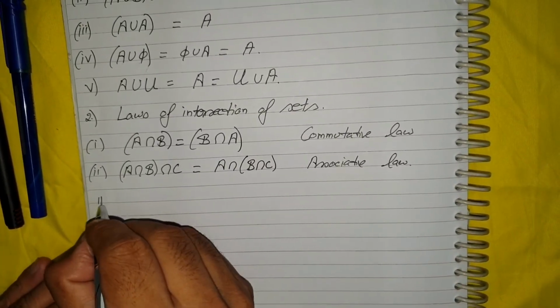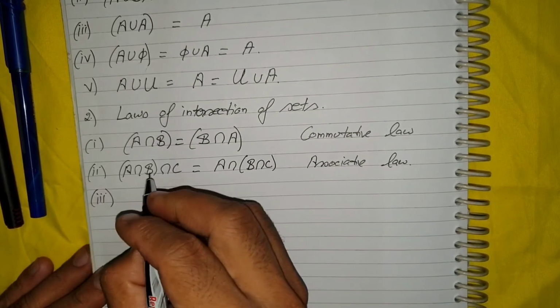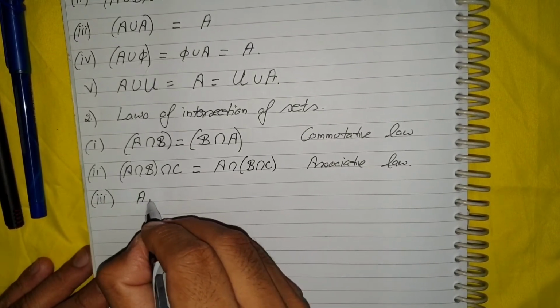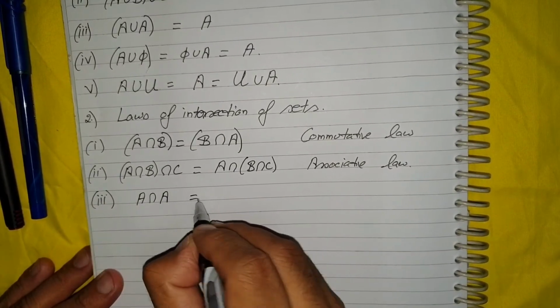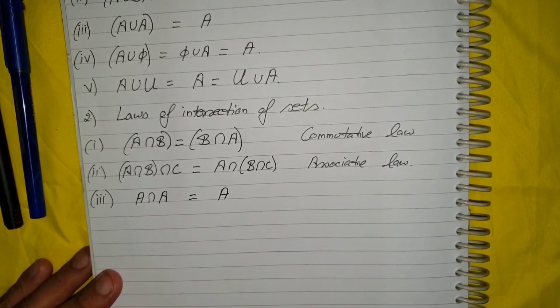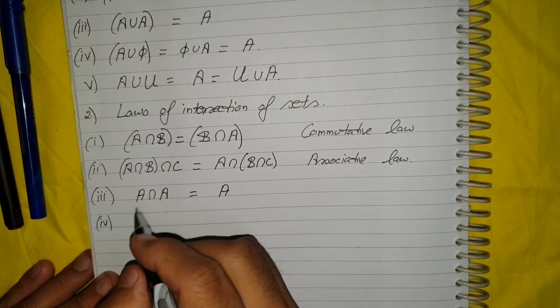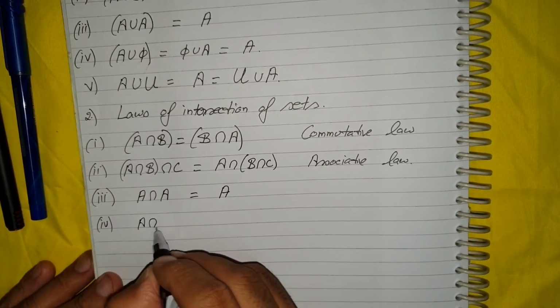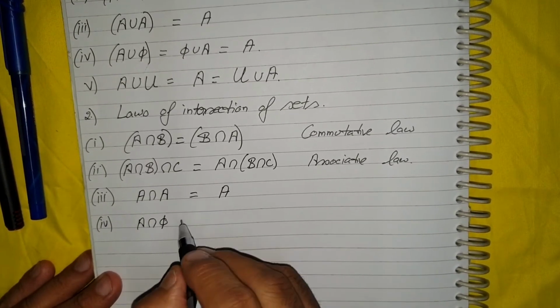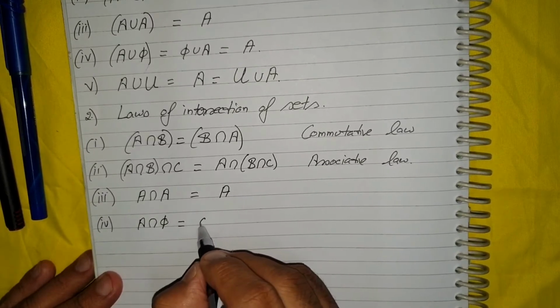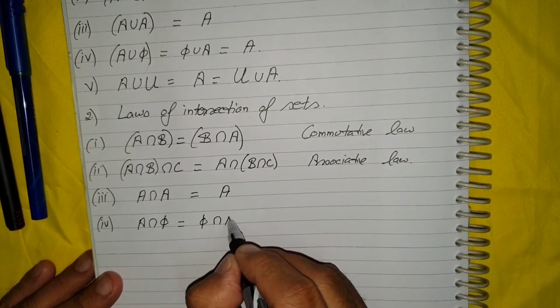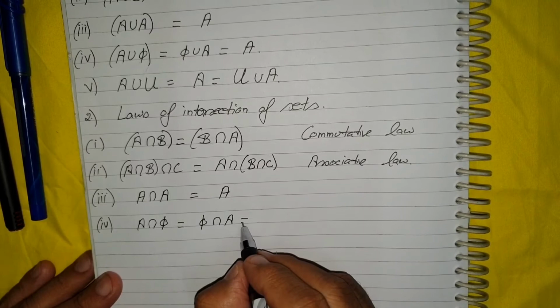Third point, if we take A intersection A, that will be A only. Fourth point, A intersection phi is the same as phi intersection A, which is the same as phi.